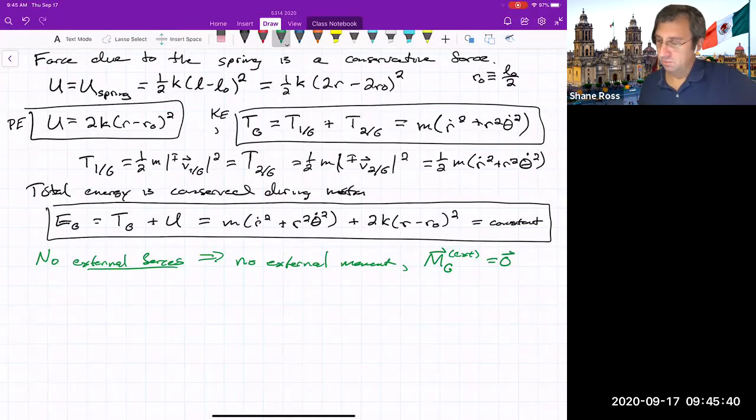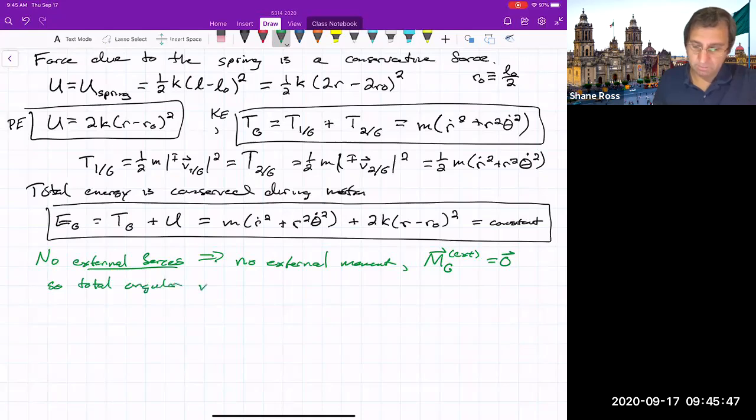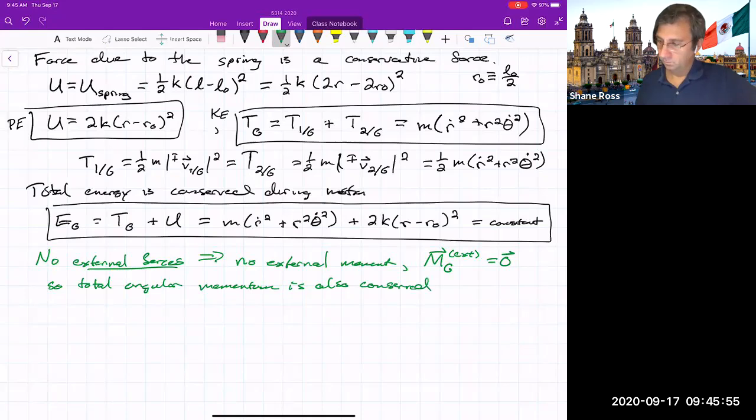So there's no external moments, so total angular momentum is also conserved. And I guess we need to specify the total angular momentum about the center of mass.